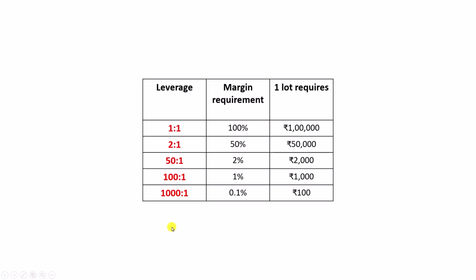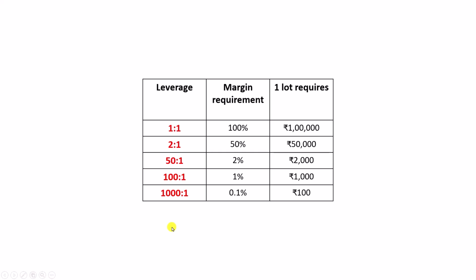So for you to make a substantial amount of profit, you need to have a lot of money in your trading account. But generally, people do not have much money. So the broker gives people money to trade in the world of forex. Basically, leverage is the loan that you are getting from brokers to trade the currencies.